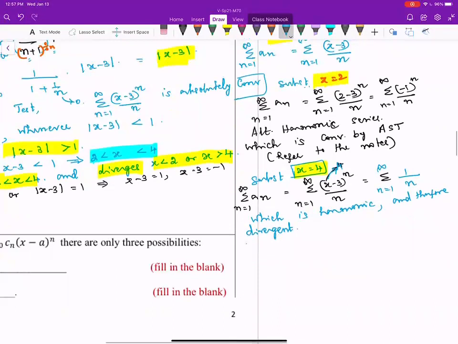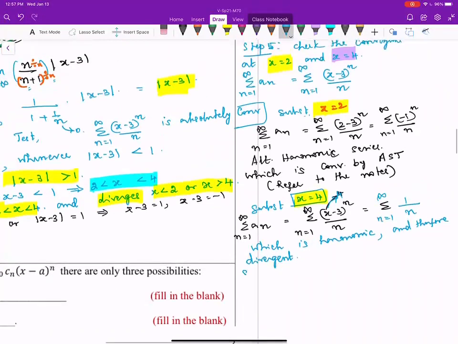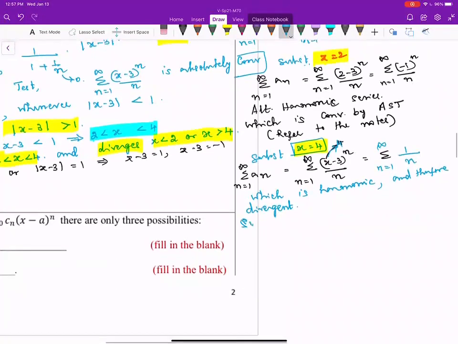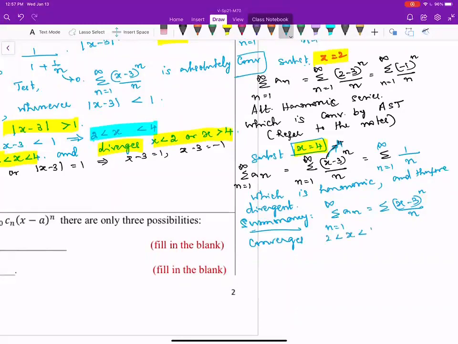So what have we shown in all these steps? The series given in the problem, which is sigma x minus 3 to the power n over n, converges in the interval 2 through 4.